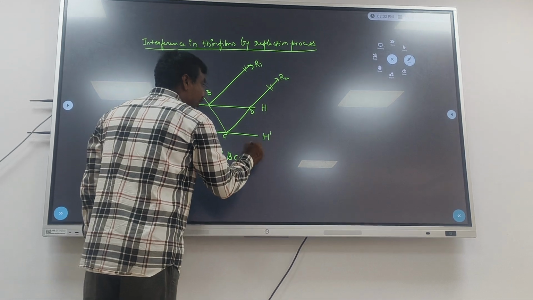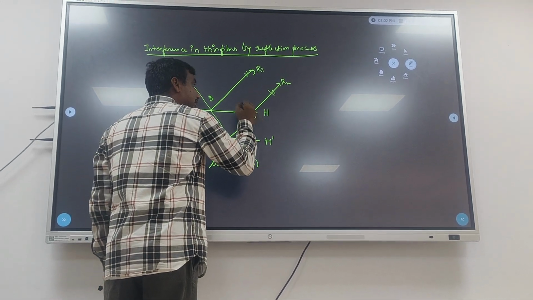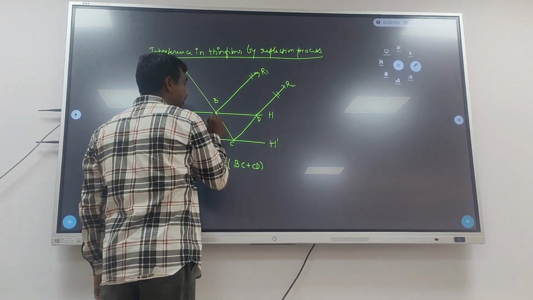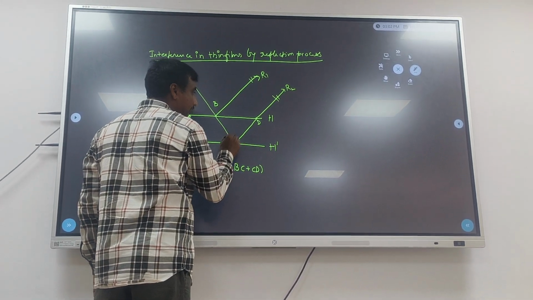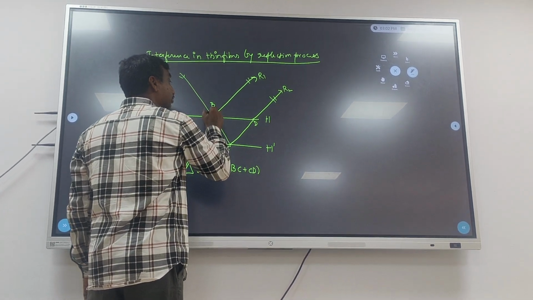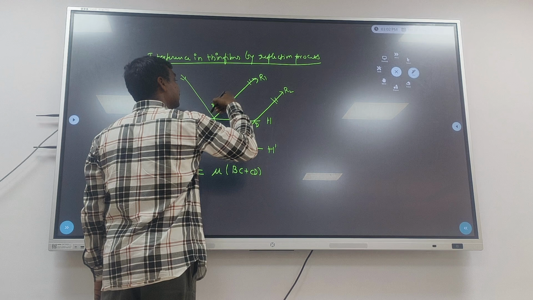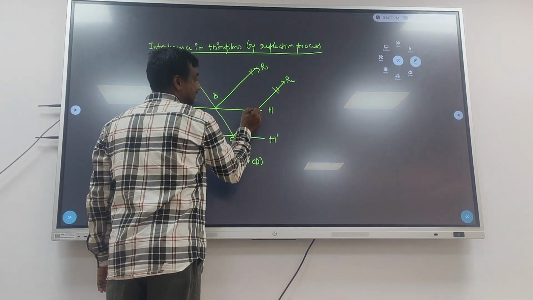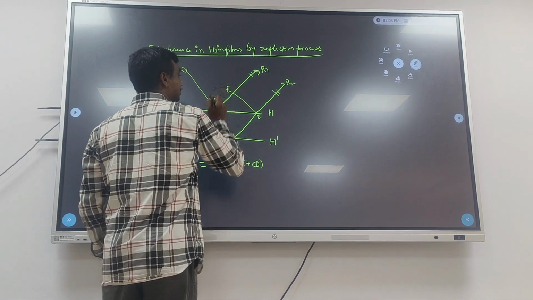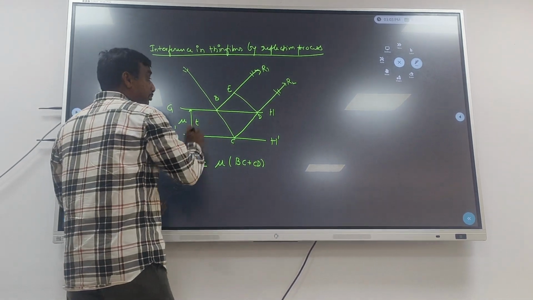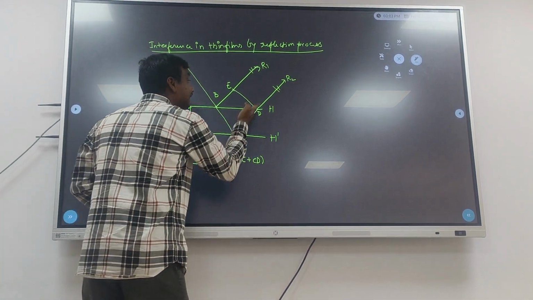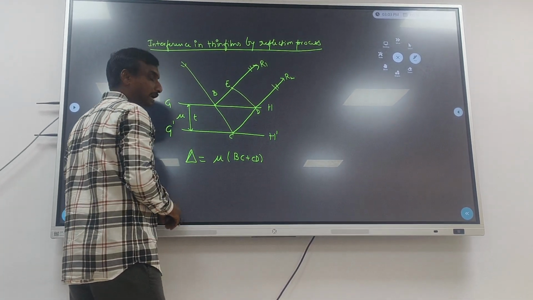Here the first ray travels an extra distance, because the second ray enters into the medium, takes reflection and then emits out. But before that, the first ray travels an extra distance. The extra distance is calculated by drawing a normal from D, which meets at point E. So BE is the extra distance traveled by the first ray, while the second ray travels in the medium.